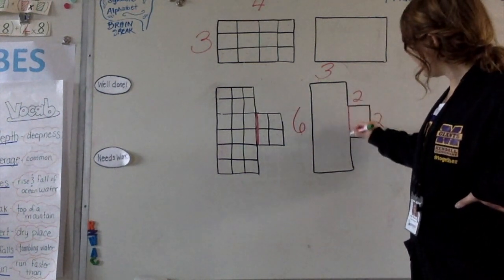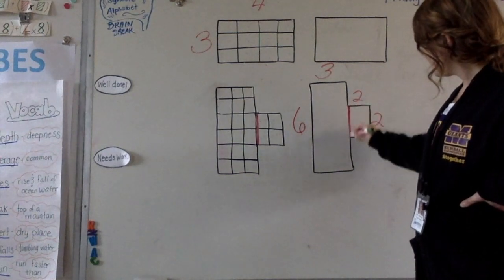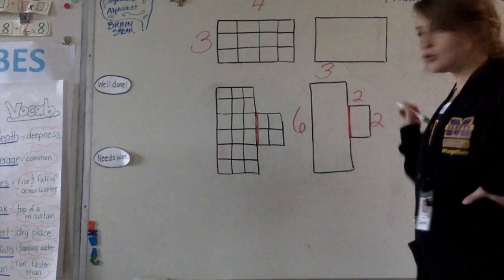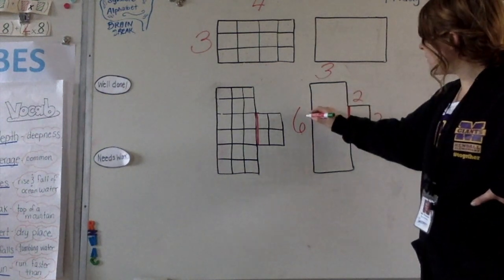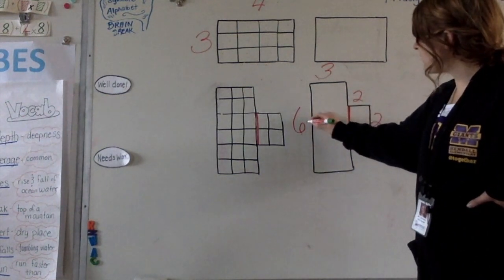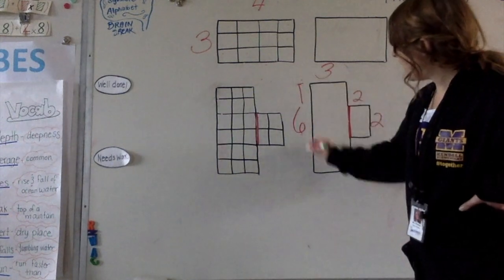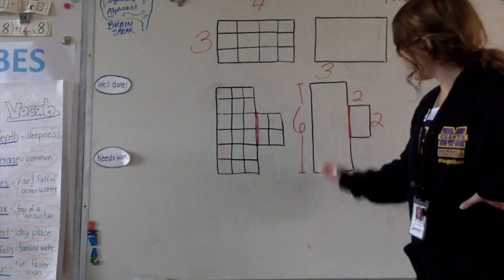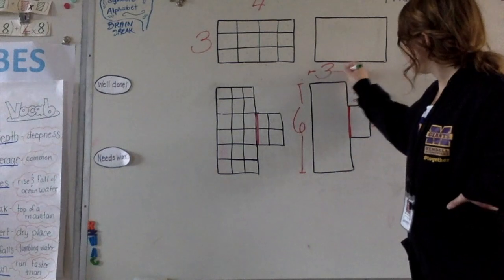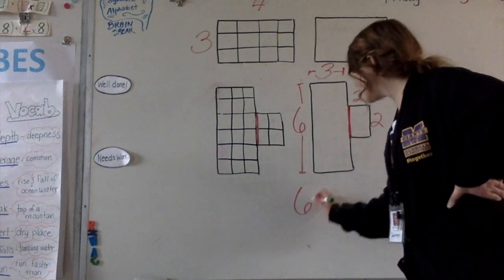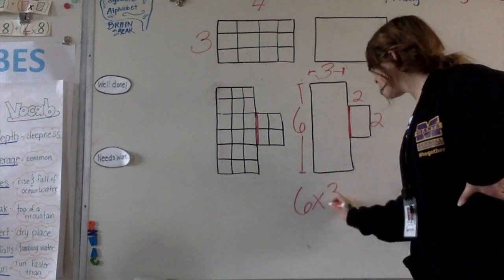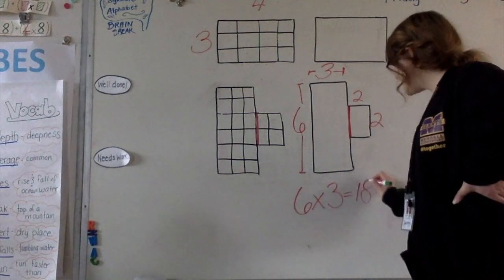So I'm going to cut the nub off. Now that I've cut the nub off, I have two very normal shapes. So I'm going to say, well, I know from when we practice, we do length times width. We do how high it is by how wide it is. We multiply how high it is by how wide it is. And this is going to be 6 times 3 equals 18.